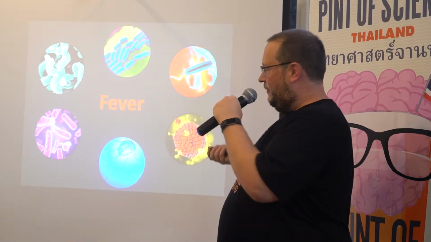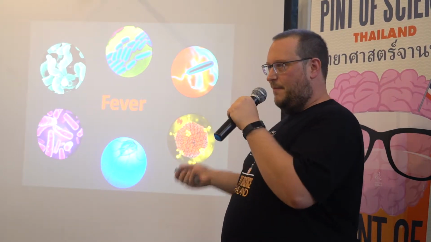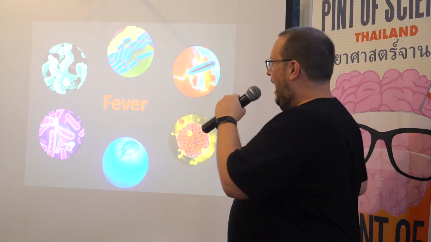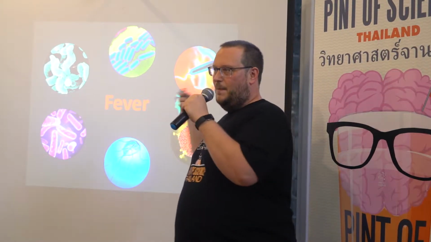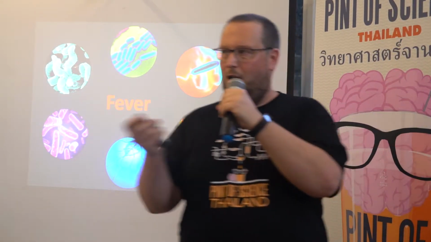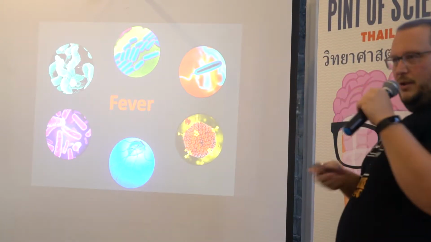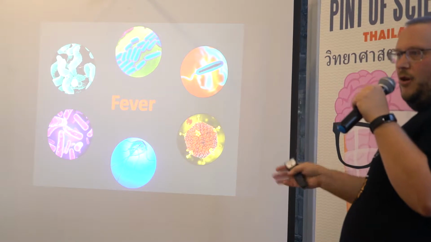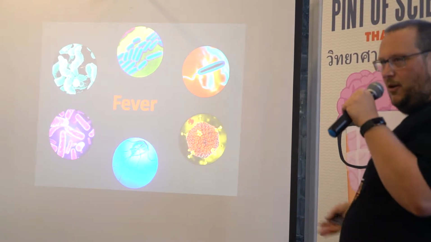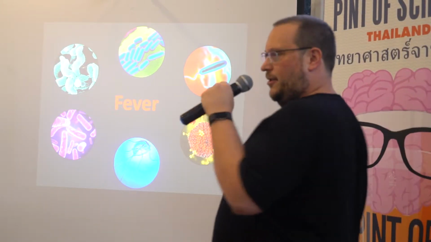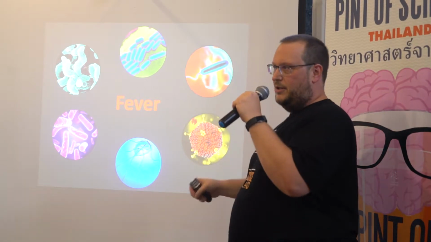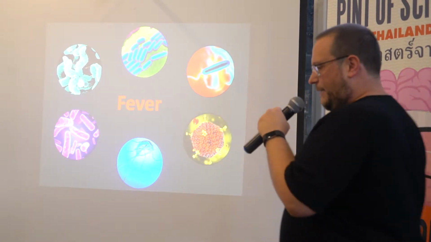And the fever is usually not caused by always the same, but by many different things. And that is essential because the treatment always depends on the bug you have. We don't have any uniform drug for all the bacteria, all the viruses, all the things. It always depends on the pathogen how you treat the patient. But if you just have a fever, that is kind of a problem.